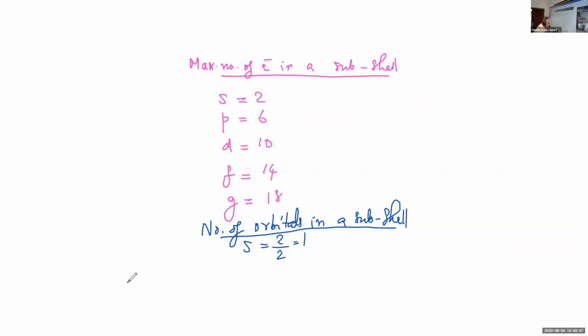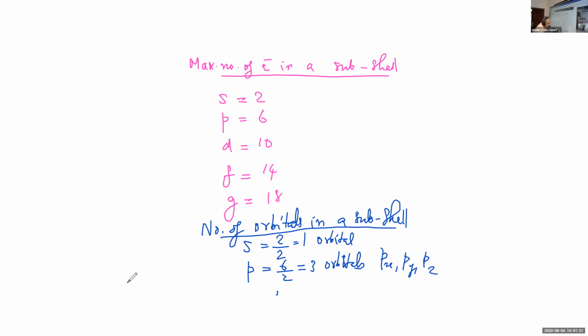You come to P, the maximum number of electrons in the P level is equal to 6. In an orbital, maximum 2. So 6 by 2 is equal to 3. So in the S level, only one orbital is possible. In the P level, 3 orbitals are possible, and these are known as Px, Py, and Pz.